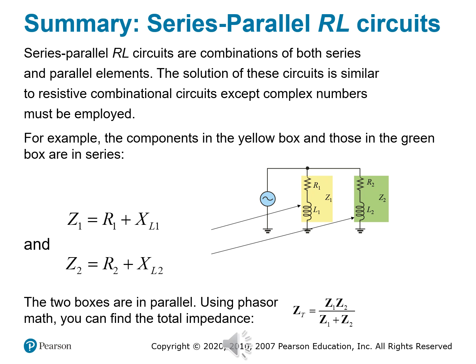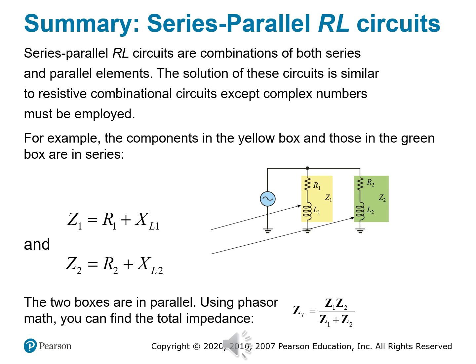This is what's happening when we're combining. We have two series RL branches in parallel with each other, and each branch consists of a resistor and inductor in series. One branch is yellow, R sub 1 plus L sub 1, and that turns into the first impedance, Z sub 1. The other is in green, R sub 2 plus L sub 2, and that turns into the impedance Z sub 2.